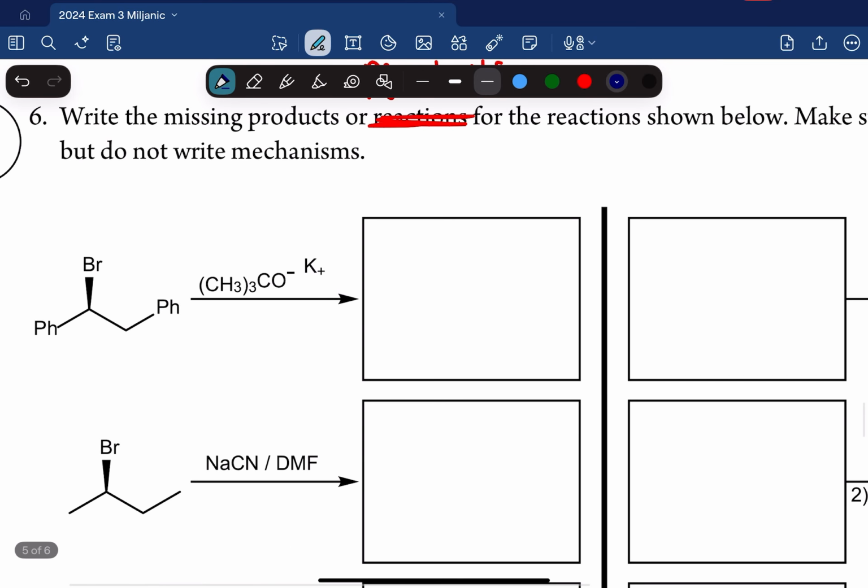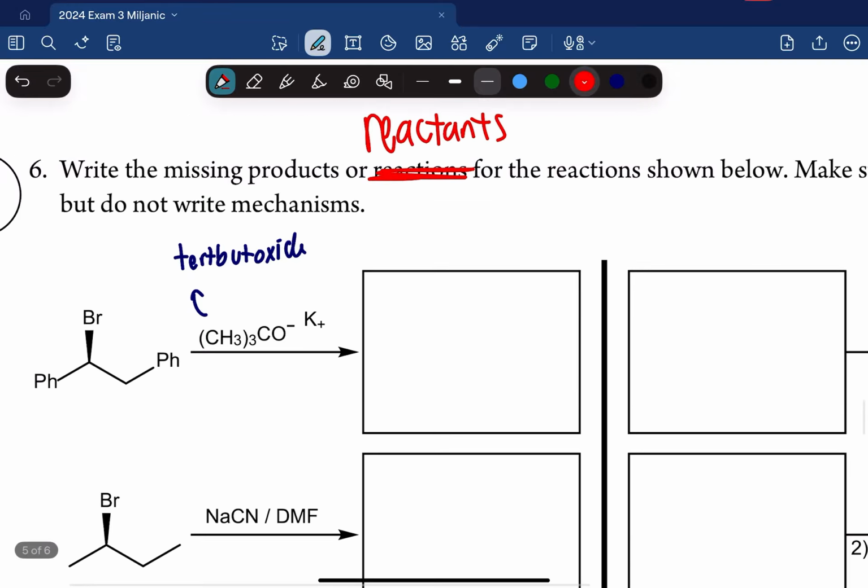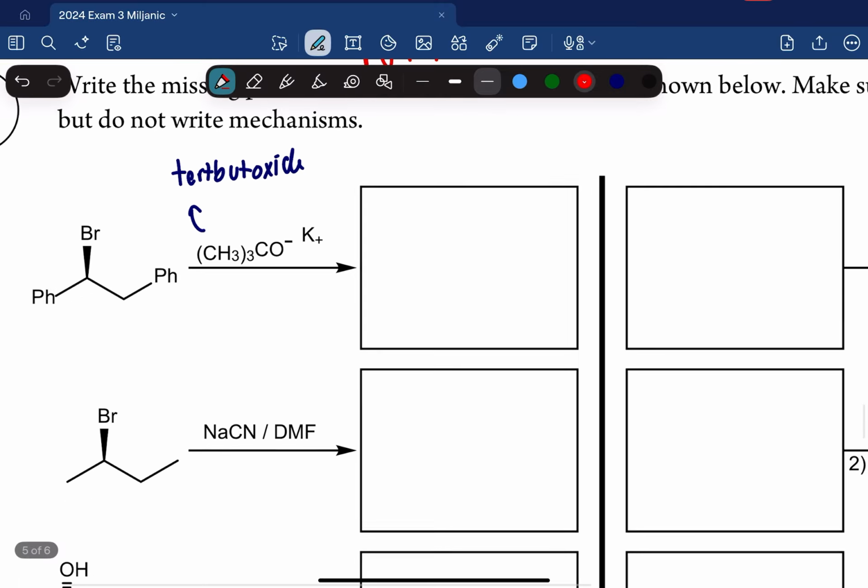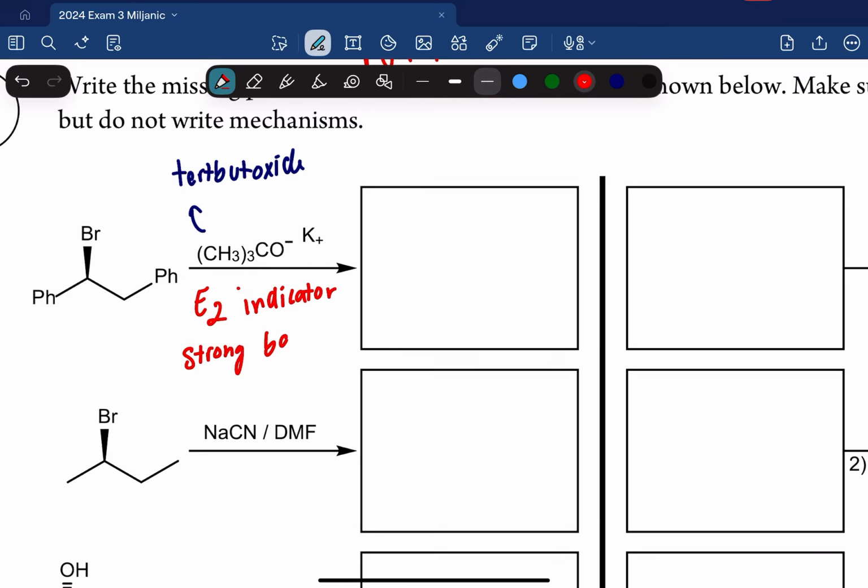So this right here, for the first one, hopefully you recognize. This is tert-butoxide. So hopefully you guys remember in lecture we said this, in the case of this exam, is an E2 indicator. And that's because it is a strong base, but super bulky.